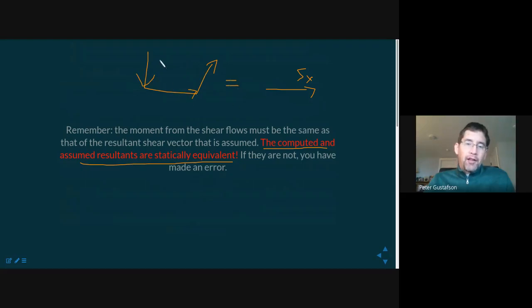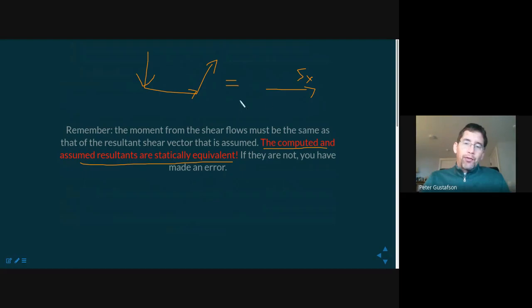So this statically equivalent needs to be that. So don't confuse that this is different. I would say that's one of the more common errors that I see on exams or homeworks: a calculation that doesn't have the same static equivalent value.